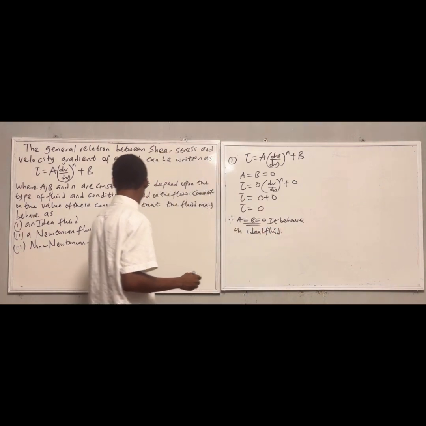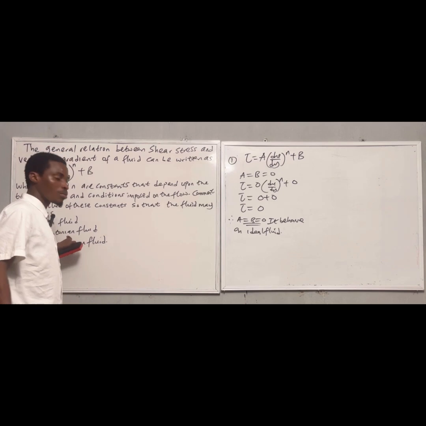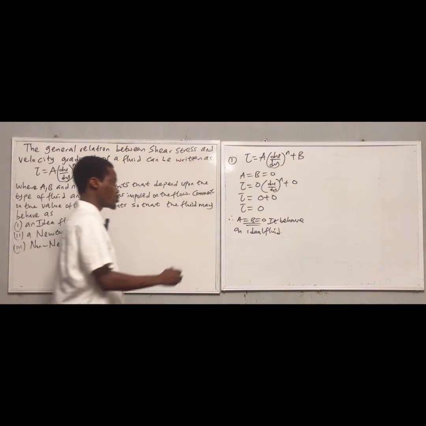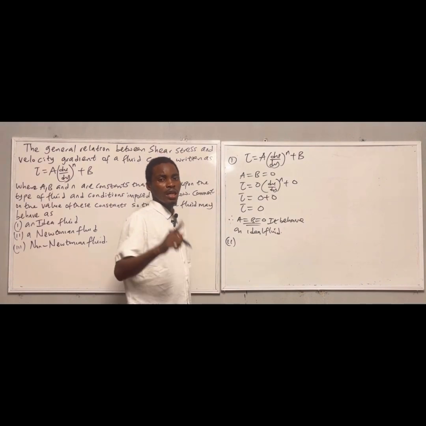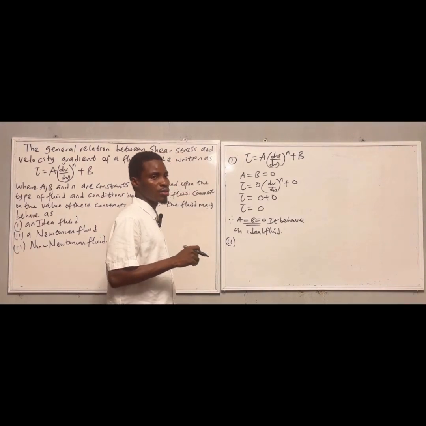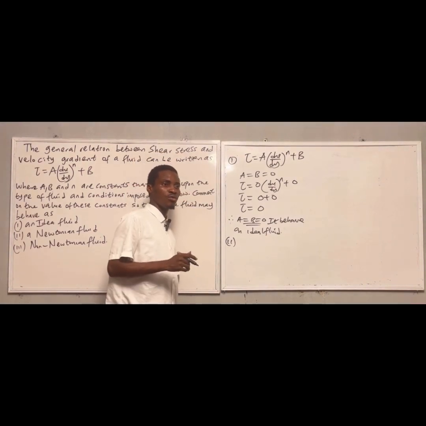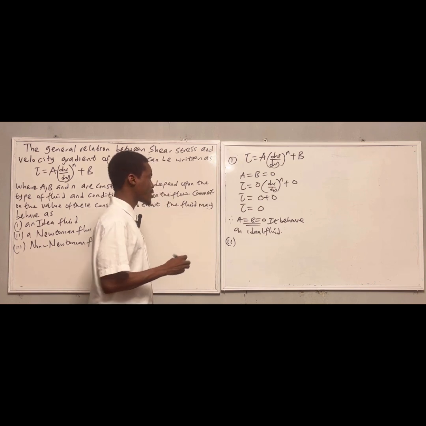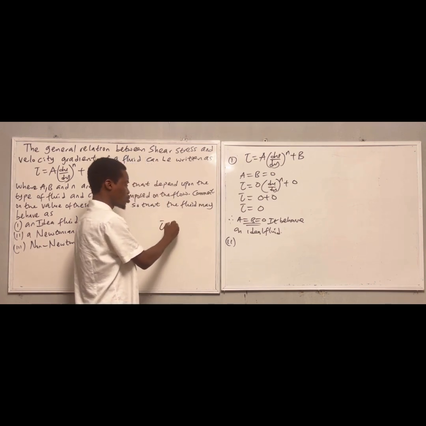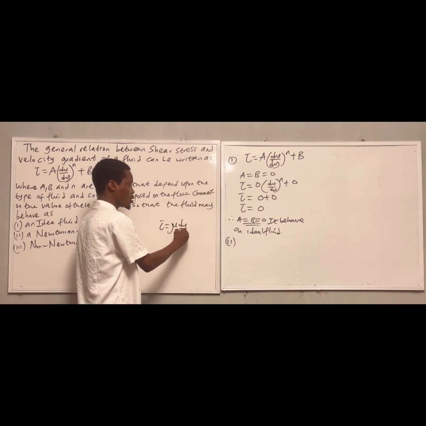So let us solve number 2, the Newtonian fluid. By definition, a Newtonian fluid is a type of fluid which obeys Newton's law of viscosity. That is, tau equals mu du/dy.